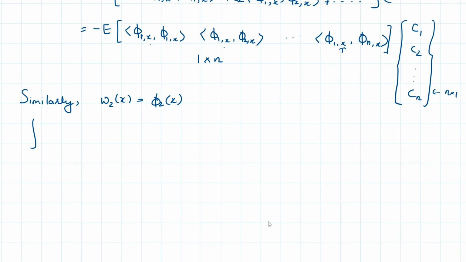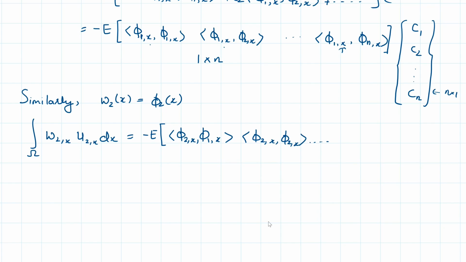Then we can write our integration of W2(x) times u(x) dx as minus e times the row vector: phi2(x) with phi1(x), the second term is the inner product of phi2(x) with phi2(x), and the last term is phi2(x) inner product with phi(n)(x), times the column vector containing all the coefficients.